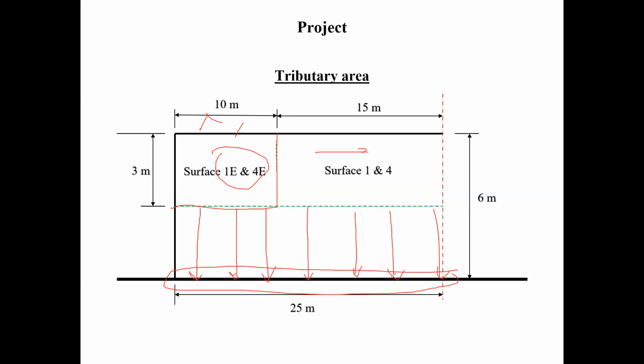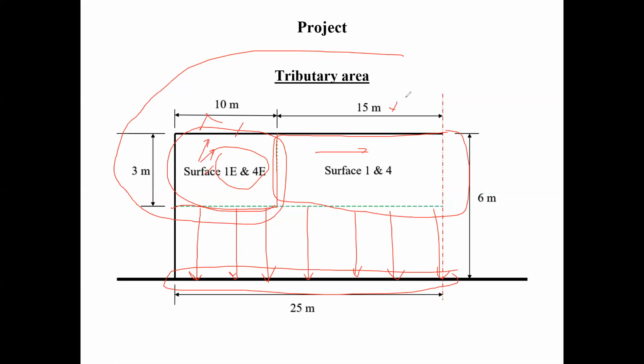So first thing I worry about is what tributary area this surface is going to have so that I can calculate the wind pressure here. And then what is the tributary area of this surface here? And of course, this would be 15 times 3, and this would be 10 times 3. So that's the tributary area. Then I can convert to the force here and the force here, and add them together to get the force that is going to be transmitted into my vertical brace.